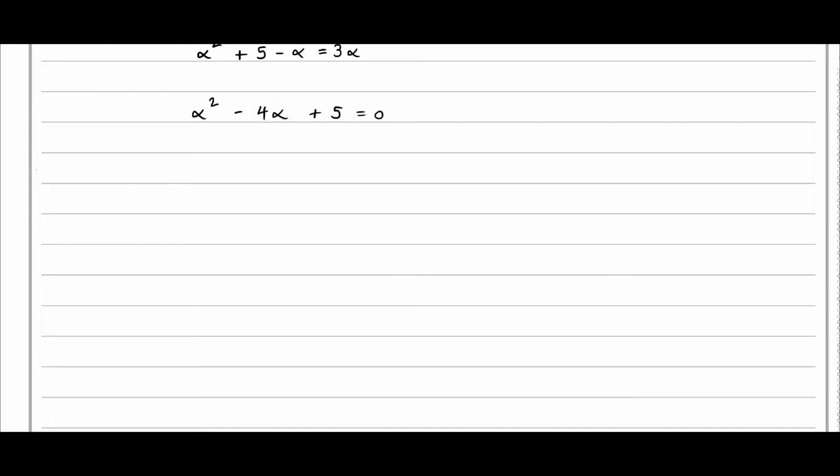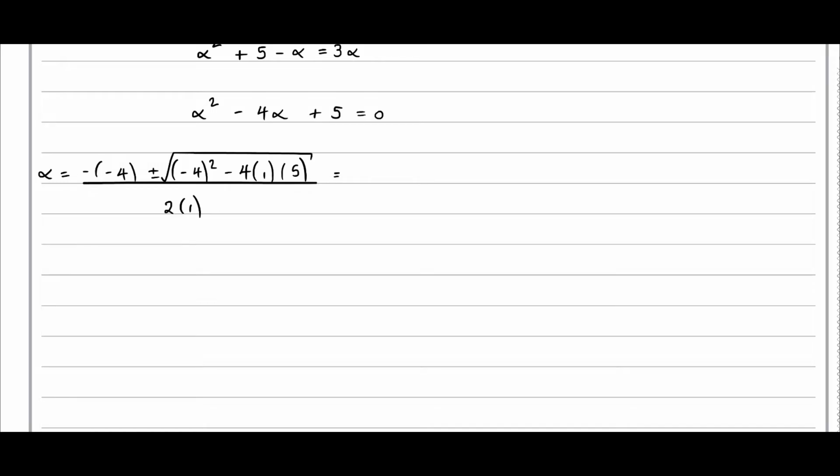So alpha is equal to minus minus 4 plus or minus the square root of 4 squared minus 4 lots of 1 lots of 5, and then we divide by 2a, so we divide by 2 lots of 1.